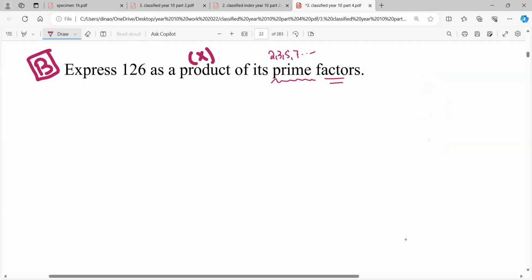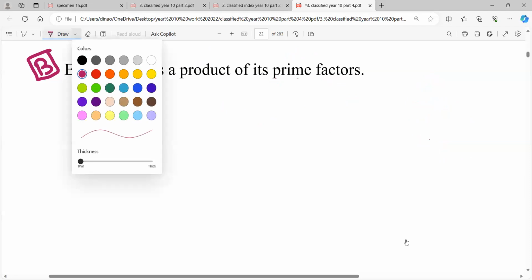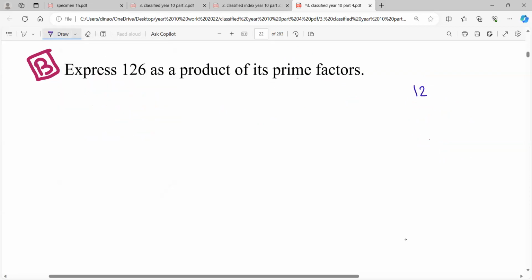So what am I required to do in this question? I am required to break down the 126 into numbers multiplied together, but all of these numbers must be prime. Factors multiplied together, and all of these factors must be prime. How do I do that? Using the عمود. In this case, I will write 126 like this, and I will draw my vertical line, which represents division.